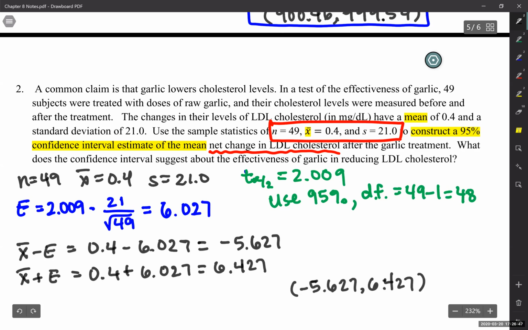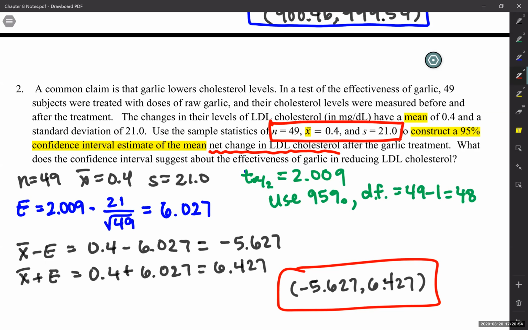Your parentheses around it, and voila, we have our confidence interval. So again, do not be worried about negative answers. You just reread the problem. It probably makes a lot of sense. Or you did something terribly wrong and throw it away and start over. So those are the two options. But it's okay to have a negative because we're talking about net change.